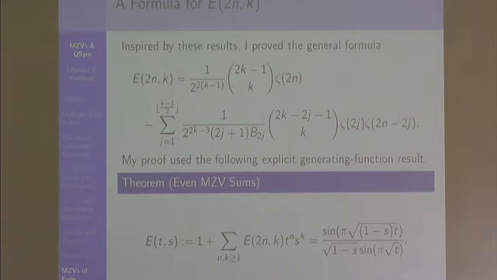That's an interesting story in itself, but what I want to talk about is how it relates to this generating function business. It turned out the key to proving this result is what I call the even multiple zeta values sum formula. That is, if you take the 2-variable generating function of these numbers, it's actually quite easy to produce an explicit generating function. And a very nice one, too.